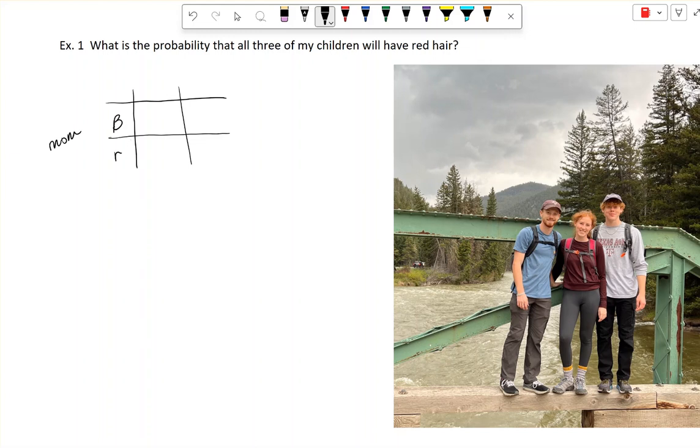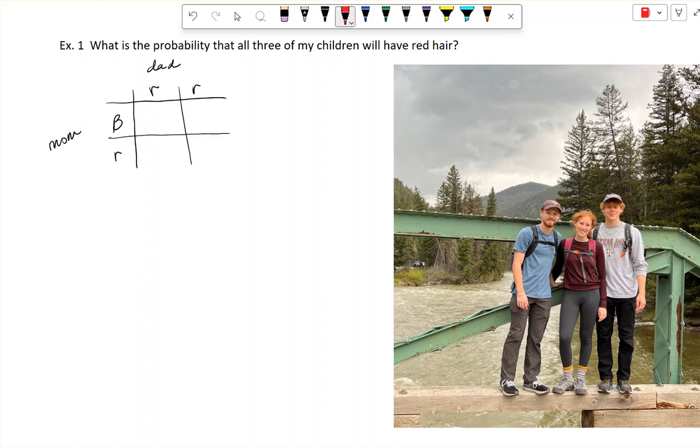So my dad had red hair. My husband, my children's dad, has red hair. In order for him to have red hair, he has to have 2 of the redheaded genes because red is recessive. Me, because I am brown-haired, I have a brown and a redhead gene because my dad was redheaded.